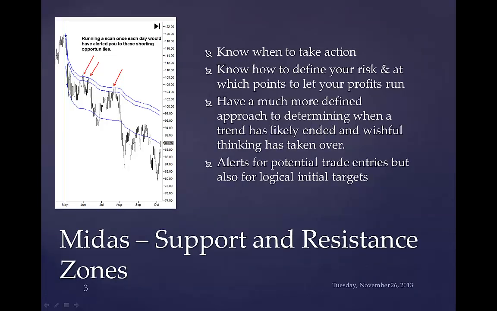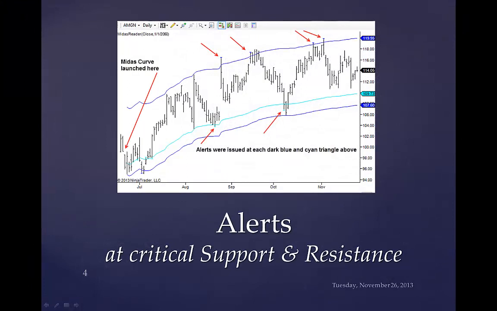And we'll go into that more inside the members area, but in this case it would have been a nice zone to have at least scaled out of part of your position, and then you could have added back in as we tested that resistance area.